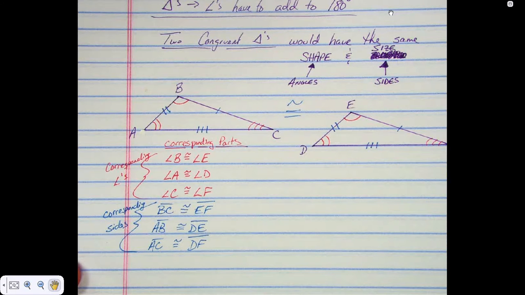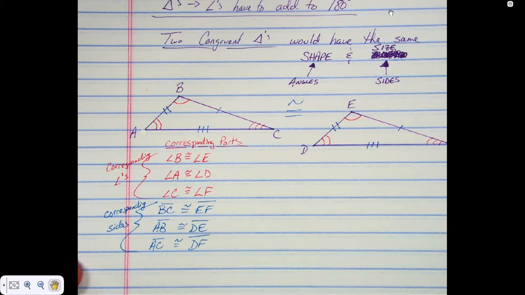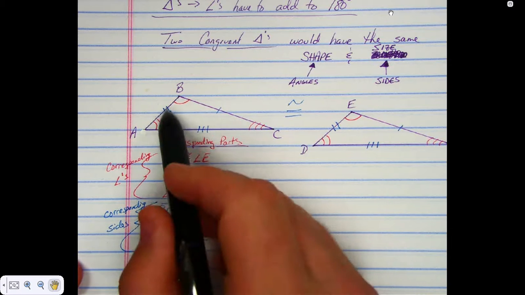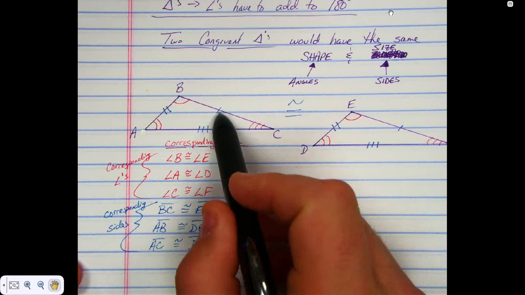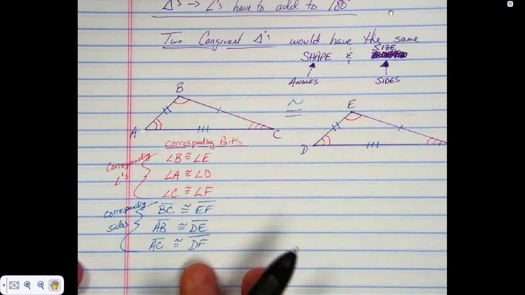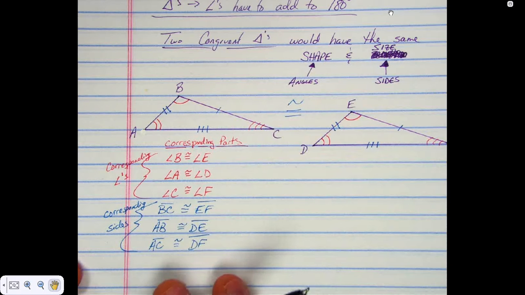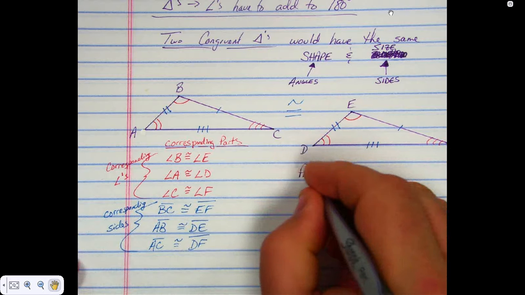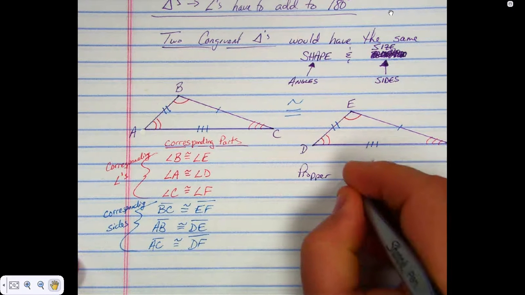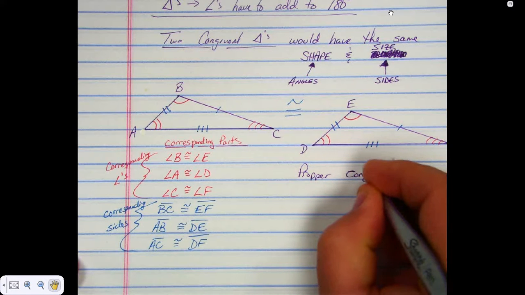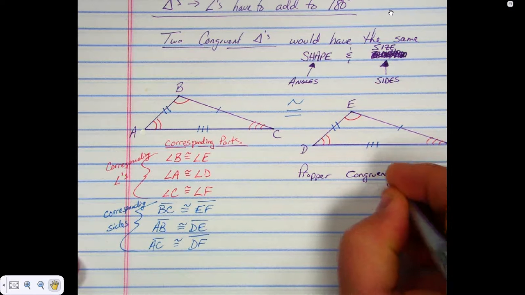Now, how are we going to tell what corresponds to what? Because you could have two. Have you ever seen a triangle where it looks like this side's almost congruent to that side? It can be tough to tell what corresponds to what. Well, the key to all this is to write a proper congruency statement.